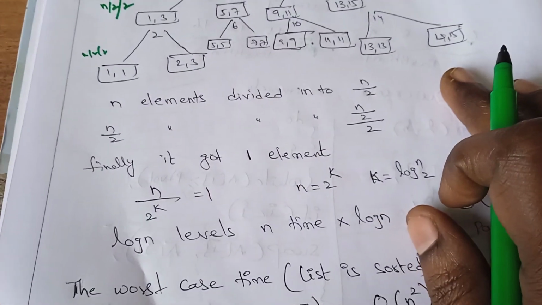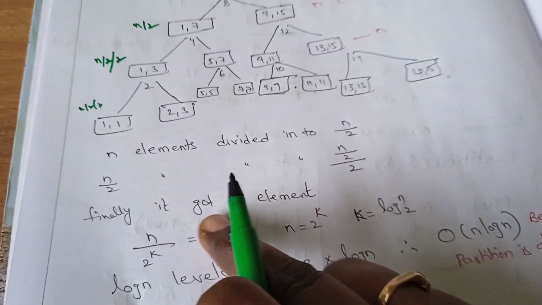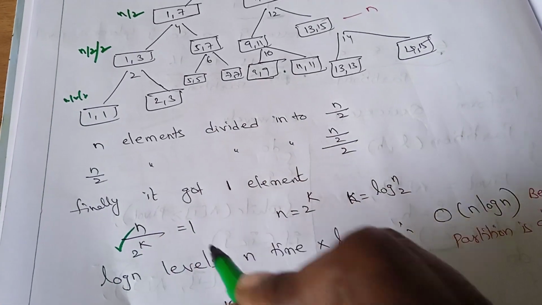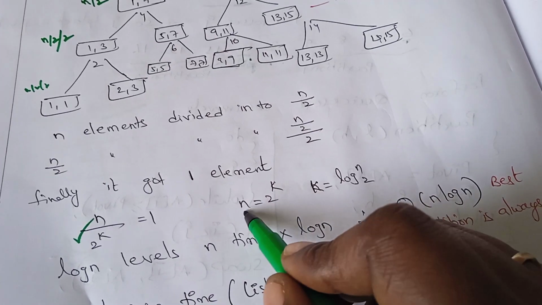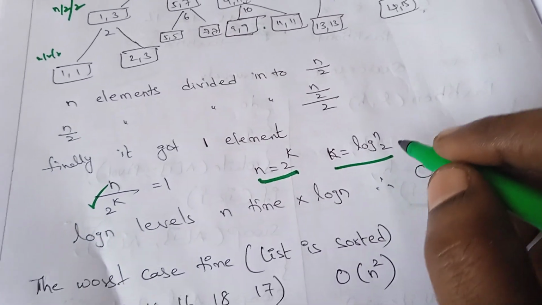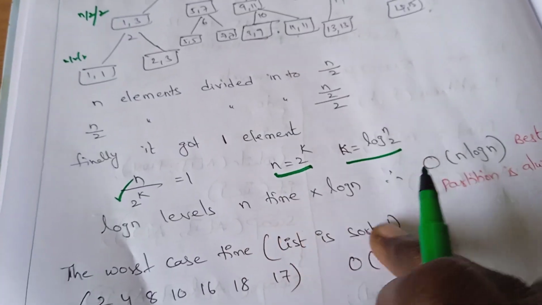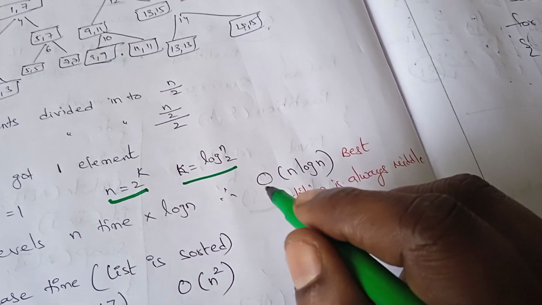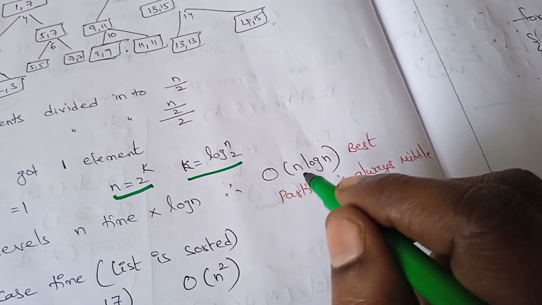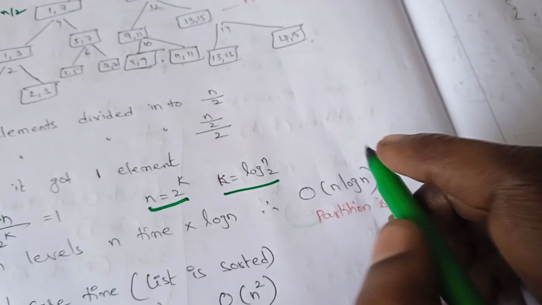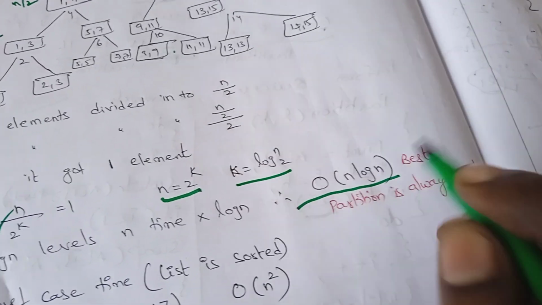So finally, if I get one element, then n is equal to 2 power k equal to 1, that is, k is equal to log n base 2. So log n levels, n times log n, that is the best case complexity, big O of n log n. The complexity of quicksort is big O of n log n.